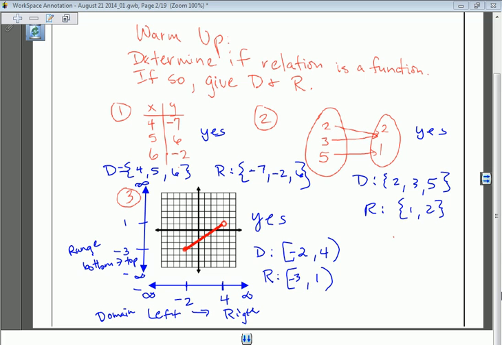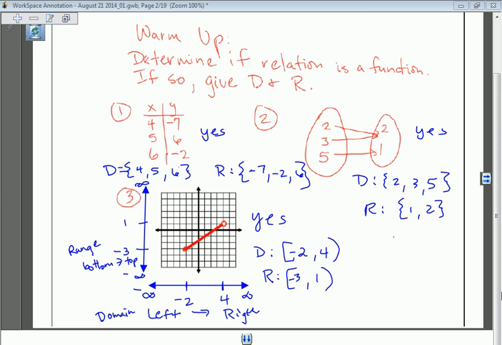Now, on number 3, this is our first one that is continuous. This line contains an infinite number of points from here to here. So we can't write it as discrete values like we did here. So the domain is everything from this x value over to this x value.